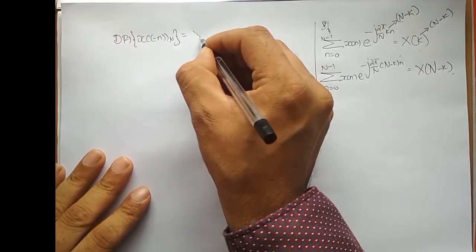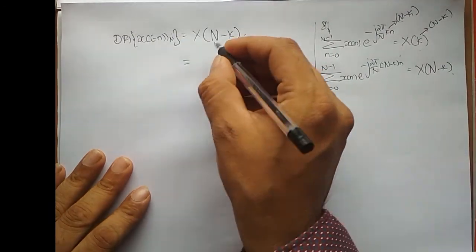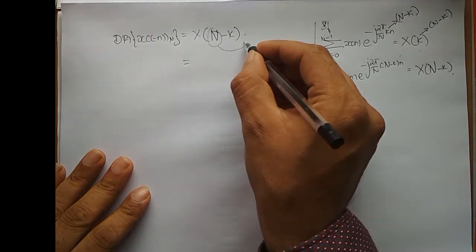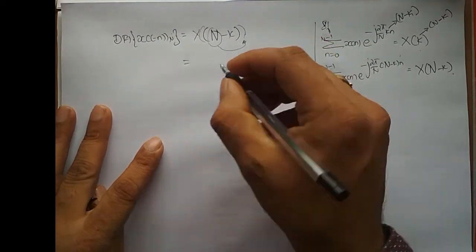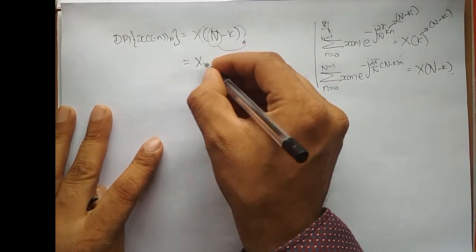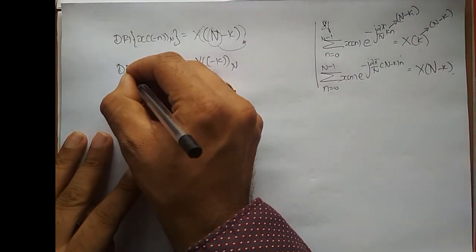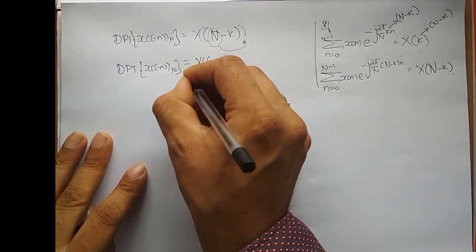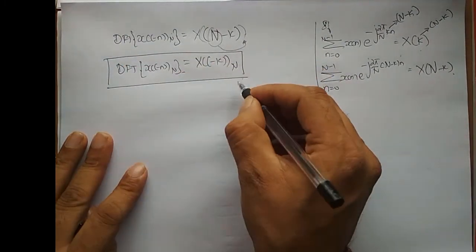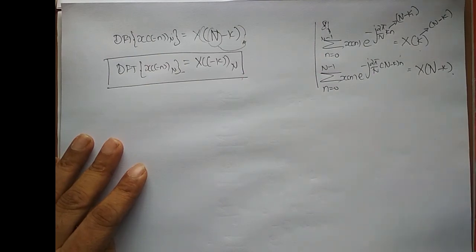Where did we end up? X of n minus k, right? And if I take this n as a mod and put one outer bracket, I can write it equivalently, something like this, no? So this is nothing but X of minus k mod n. The left hand side is DFT of x of minus n mod n. So this is what we wanted to prove. It's a time reversal property.